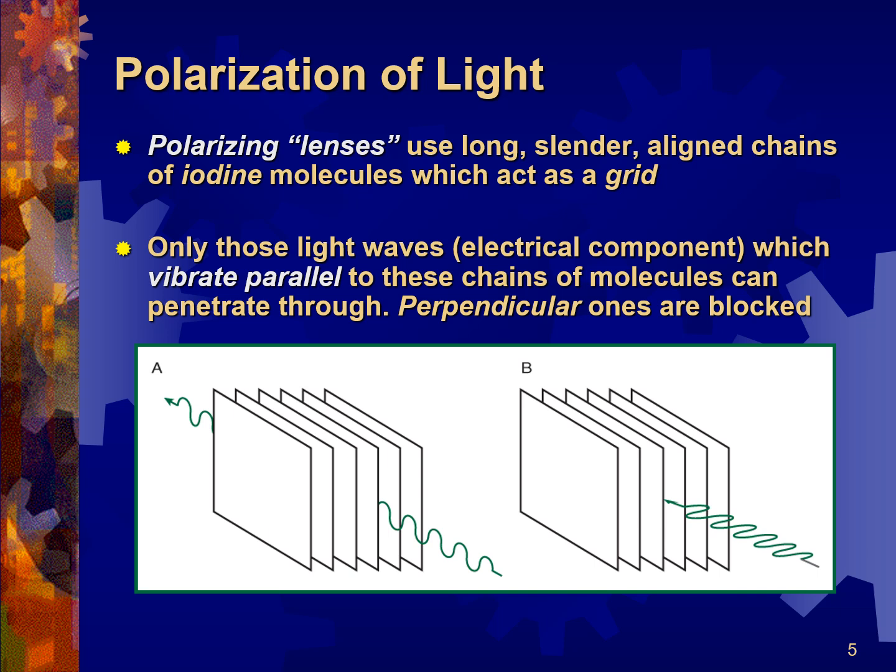Photon A has a vertical oscillation of the electric field. The polarizer material allows vertical oscillations to go through. Okay, but photon B, the electric field does not have a vertical oscillation. It's got a horizontal oscillation, and so the polarizer blocks it. That's how polarized lenses work.